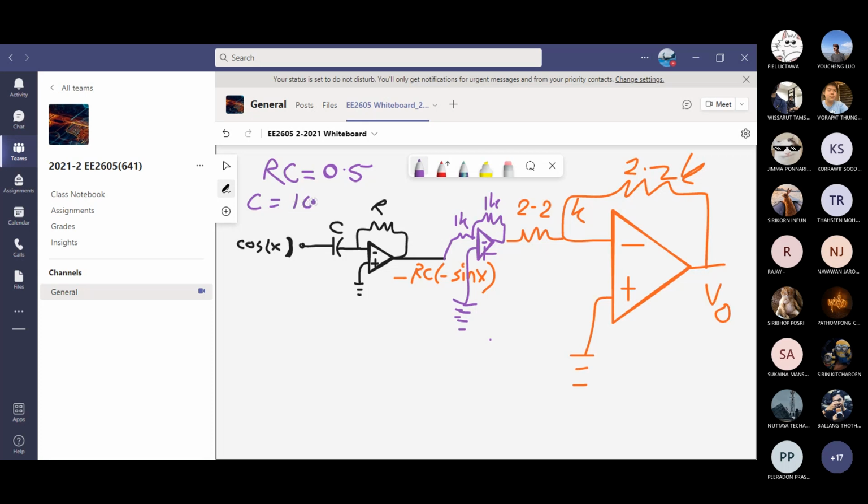If C is 100 microfarad, what should be the value of R? Find out the value of R. What's the resistor value?